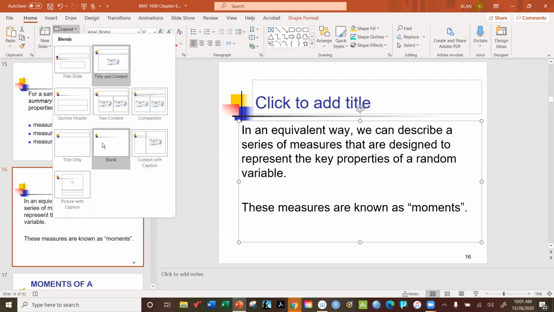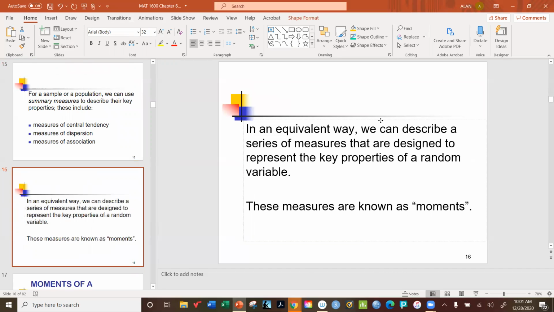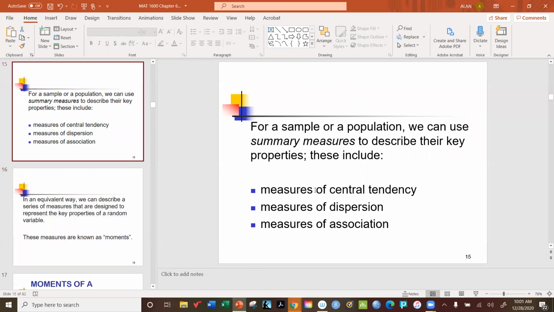Think of what we're about to do as being equivalent to these measures here, except that because we're dealing with random variables, the way they're calculated will be different. One of the key differences is that these will involve probabilities, which was not the case with samples and populations.